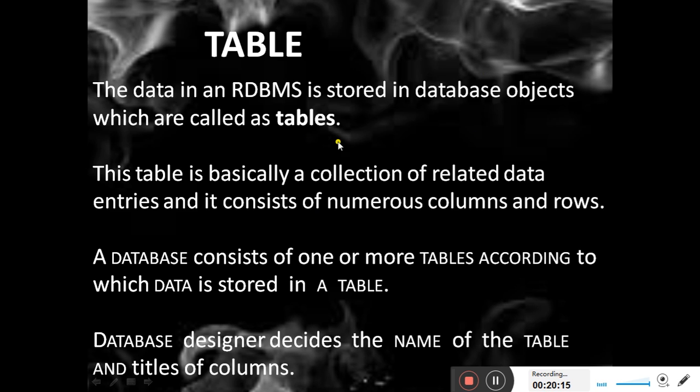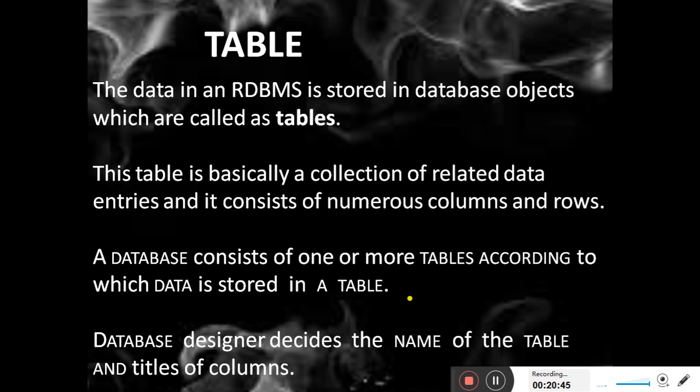Data in an RDBMS is stored in a database object. That object is called a table, where you are going to store the data. A database consists of one or more tables in which data is stored. The database designer decides the name of the table as well as the title of the columns.